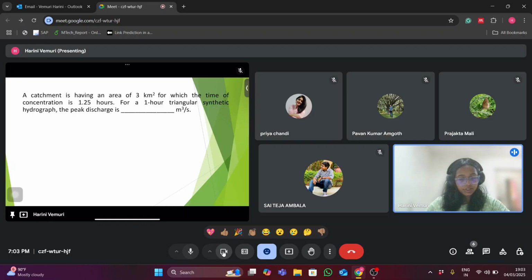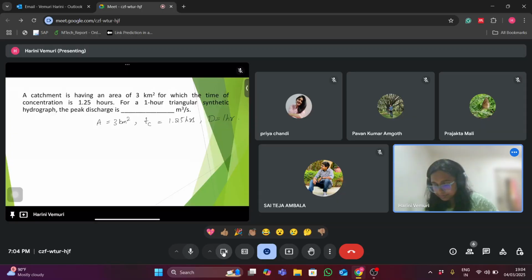Okay. The next question is, a catchment is having an area of 3 kilometer square and time of concentration is 1.25 hours. For a 1 hour triangular synthetic hydrograph, the peak discharge is dash. This we have to estimate, the peak discharge. Okay. So for a 1 hour triangular synthetic hydrograph, the duration of excess rainfall is 1 hour.